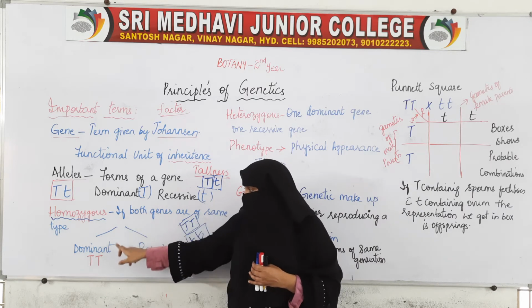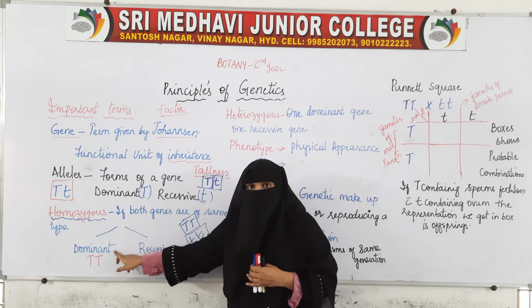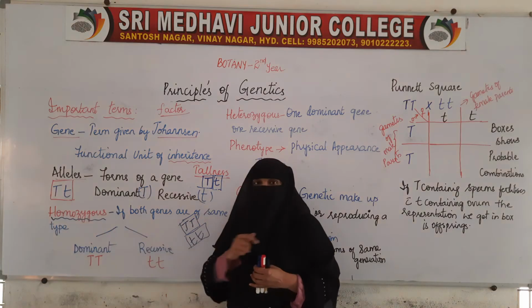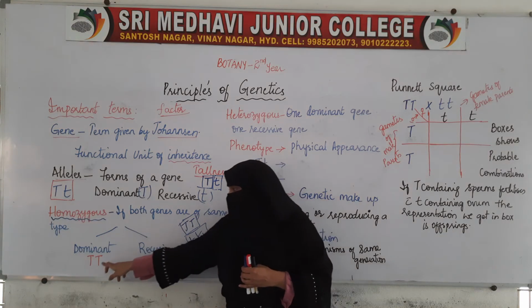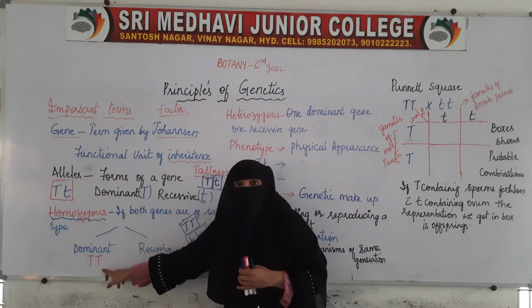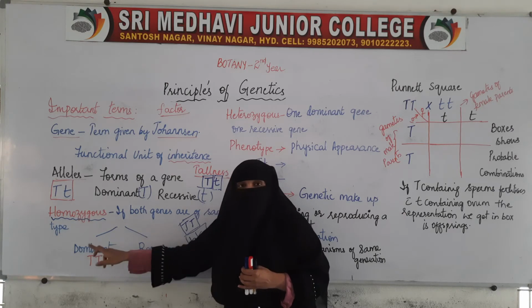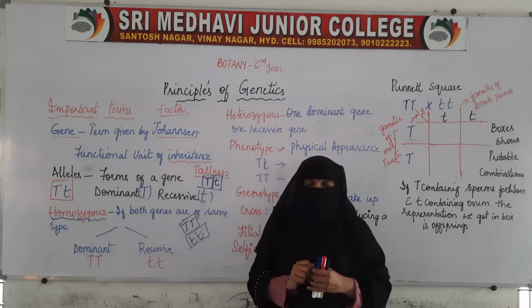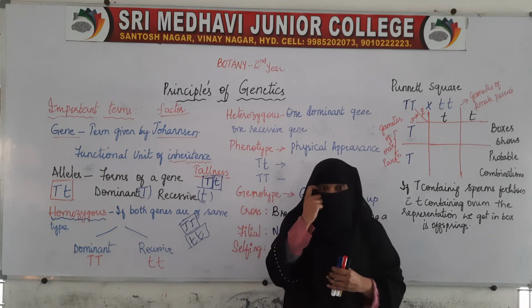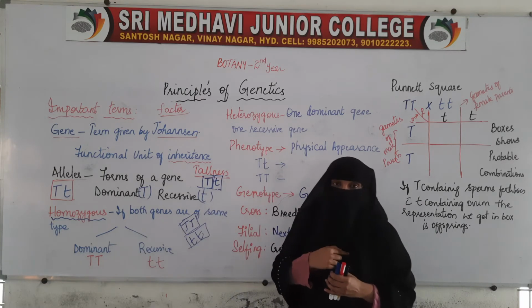In homozygous we find homozygous dominant as well as homozygous recessive. If we find two capital T, then the gene is homozygous dominant, because capital T is dominant and small t is recessive.